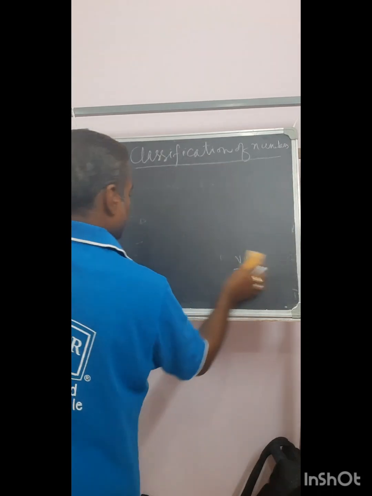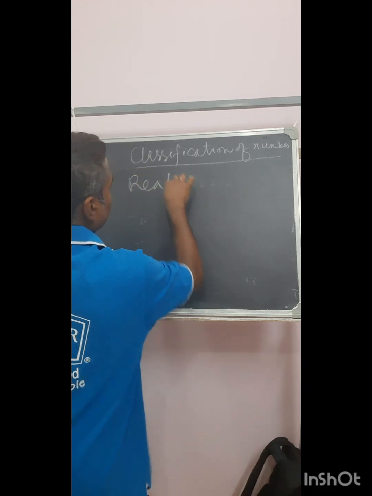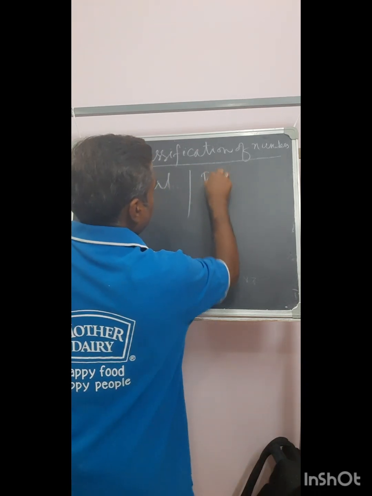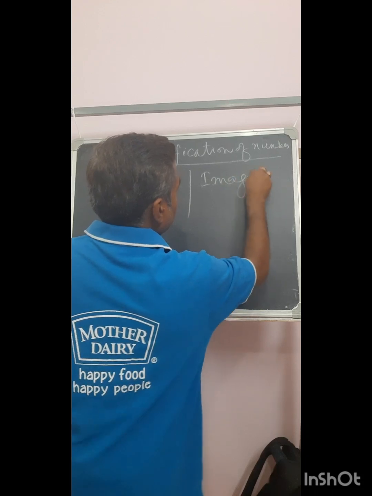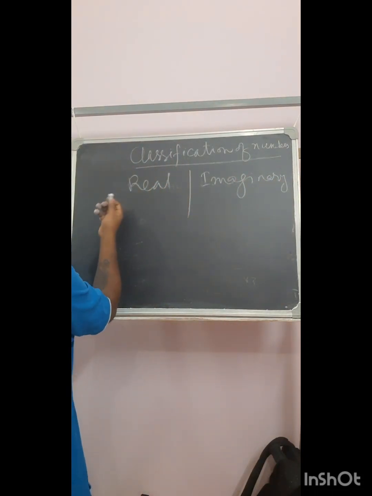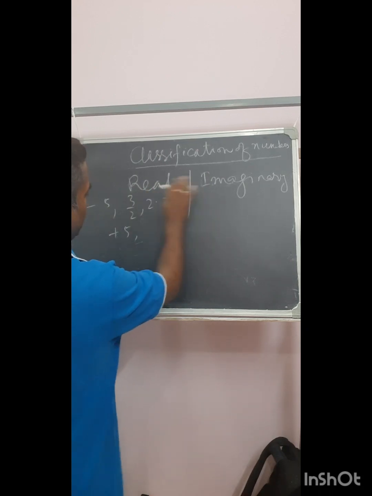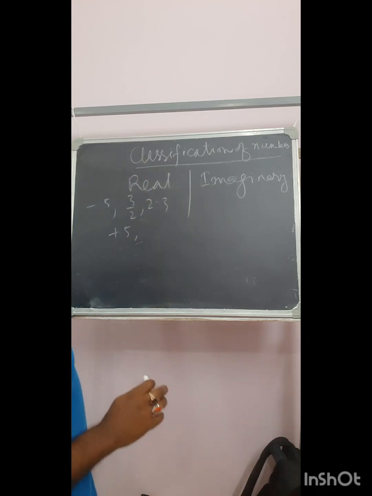The next come the real and imaginary numbers. Okay, so real numbers are any numbers which are real. That means minus 5, 3 by 2, 2.3, plus 5, or any number you can think of is a real number.